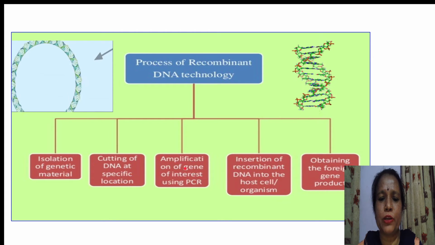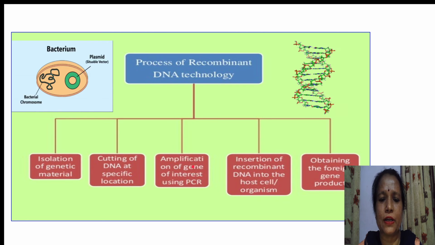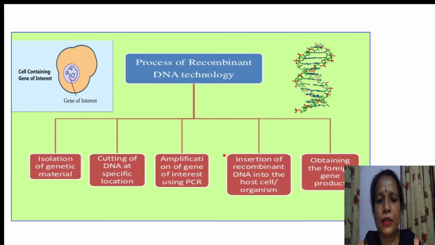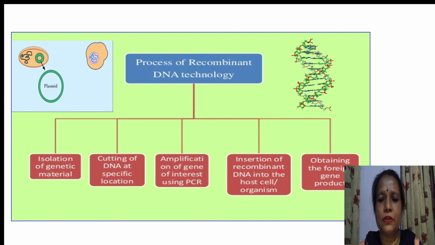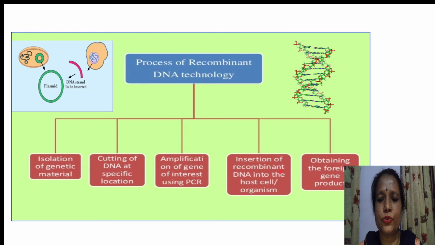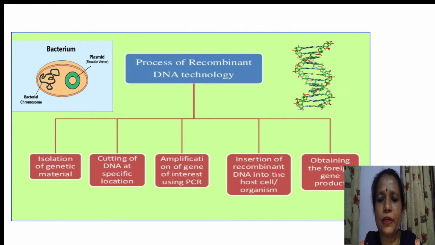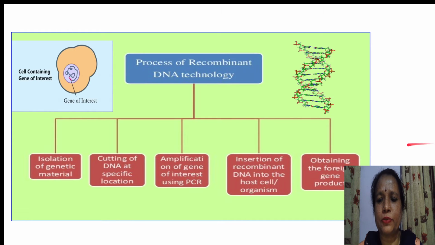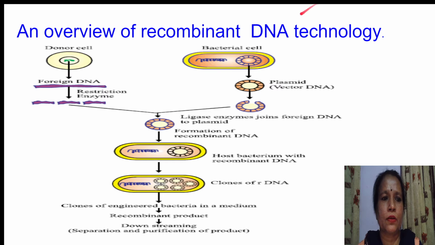By using polymerase chain reaction, we will obtain several copies of our desired gene. Then these desired genes are inserted into the vector, and the vector is introduced into the host cell, where it will multiply and form clones of it. Finally, we will obtain the foreign gene product. This is an overview of recombinant DNA technology.